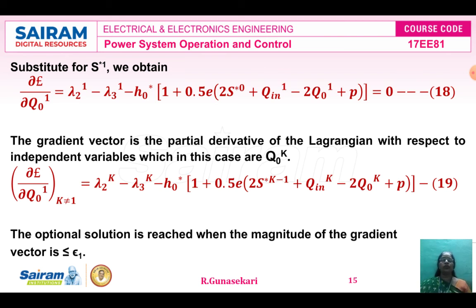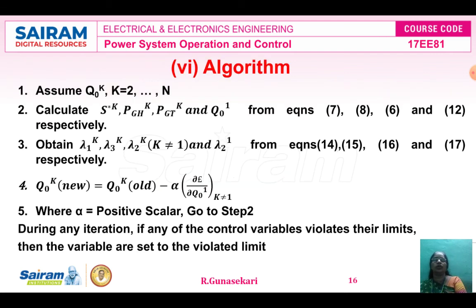If k equal to 1, that is a dependent variable; if k equal to 2 to n, this is the independent variable. Now we are getting equation 19. So the optimal solution of this equation is that the magnitude of the gradient vector is less than or equal to epsilon 1.